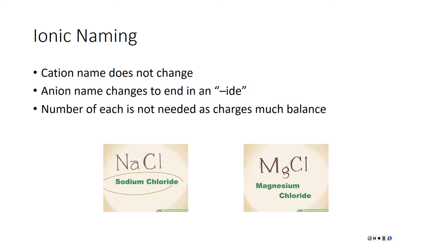And we find that aluminum oxide is actually Al2O3. So when you have ionic compounds, the name doesn't tell you the number of each component that you have, so you have to look at it and make sure that your charges balance out. Does that kind of make sense? Want to give one a try?